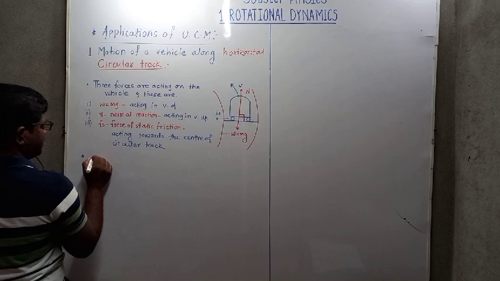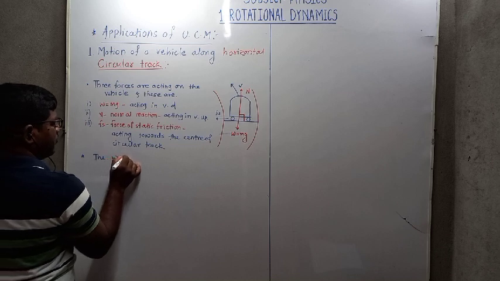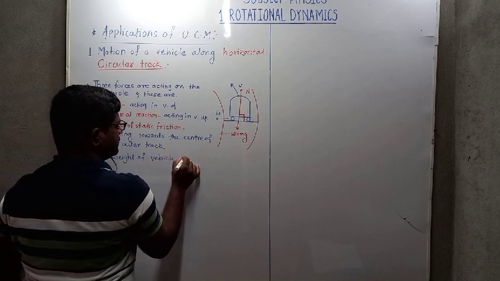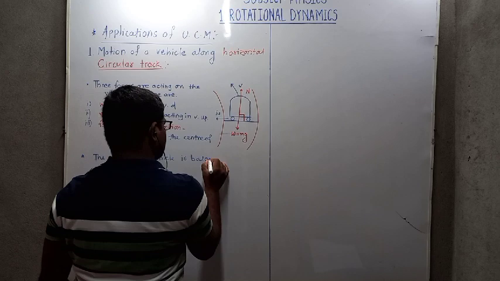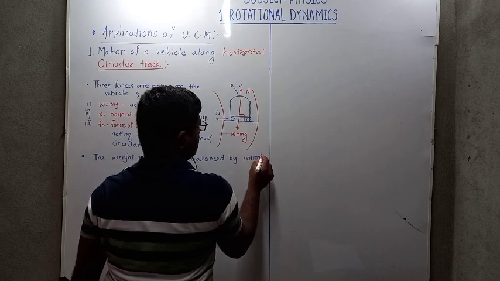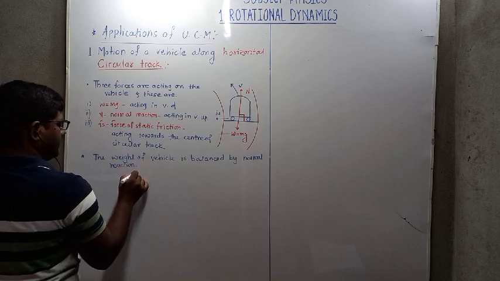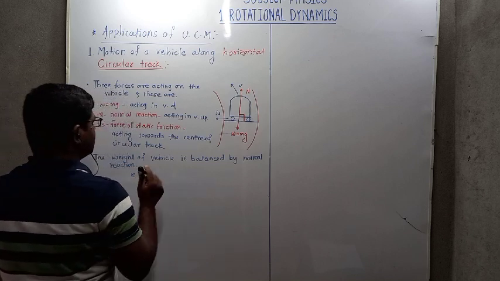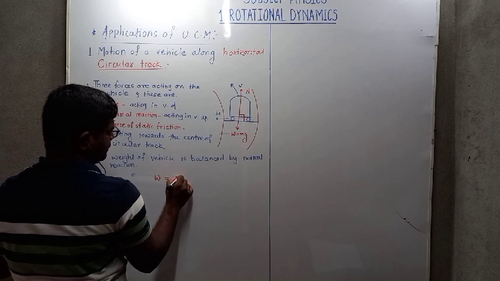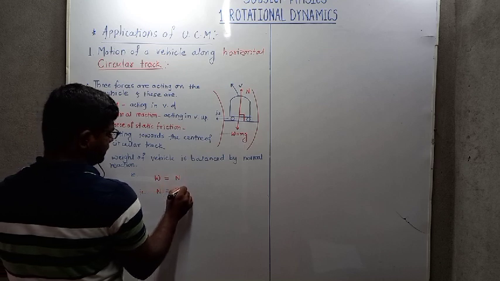The weight of the vehicle is balanced by the normal reaction, that is W is equal to N, and that is N is equal to mg.